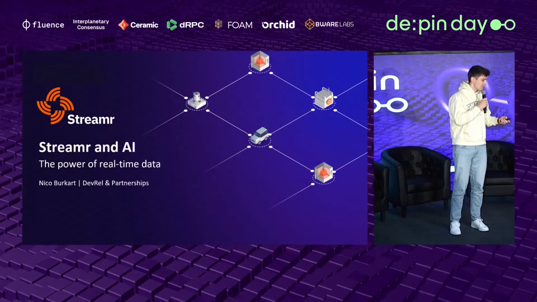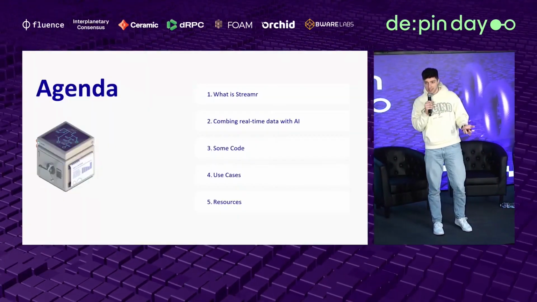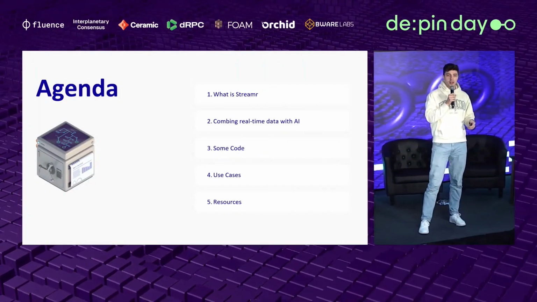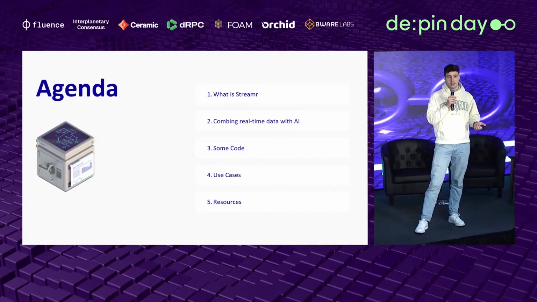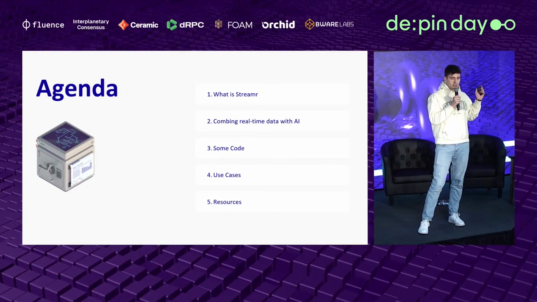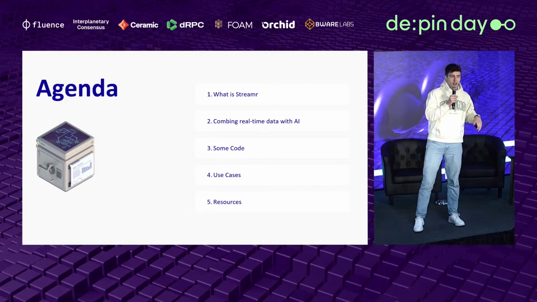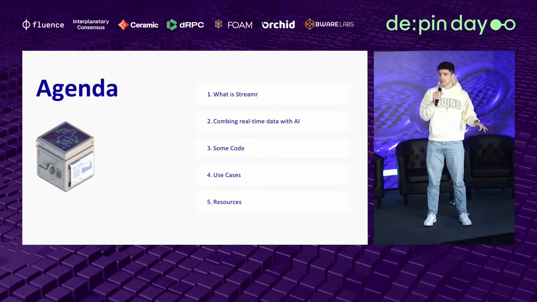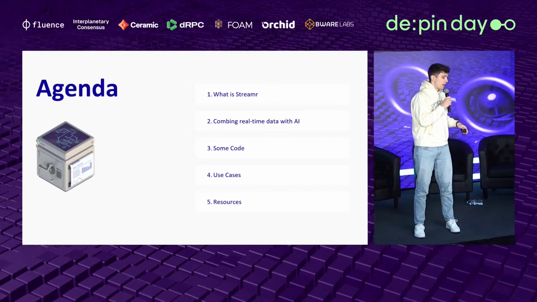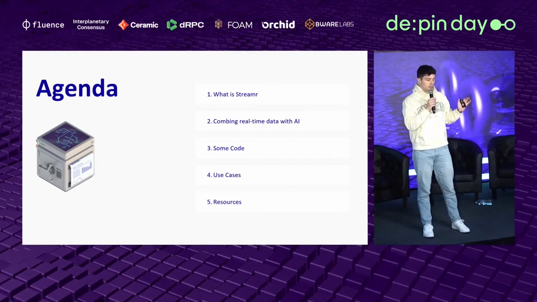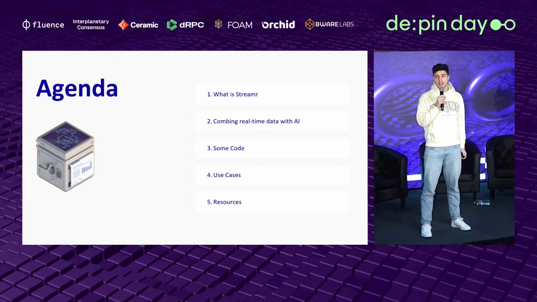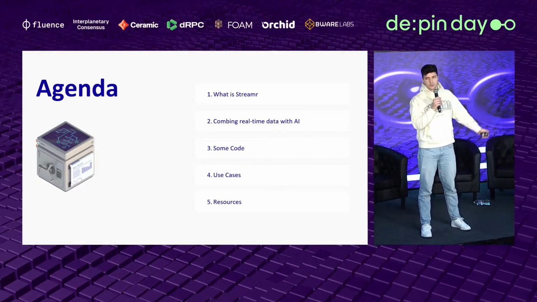I'm going to start with explaining what it is, and then dive into how you can use real-time data with AI and how Streamr can be used for that. I'm going to show you some code. Who here is technical? Yeah, seems like a few are. And then I'm going to show you some use cases, just in general, of what you can do with real-time data and AI, and then some resources.